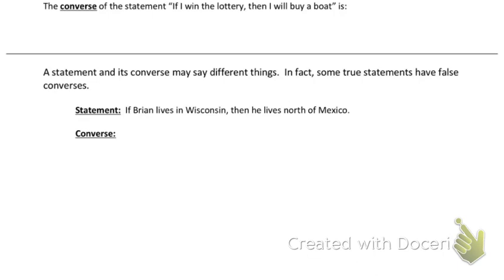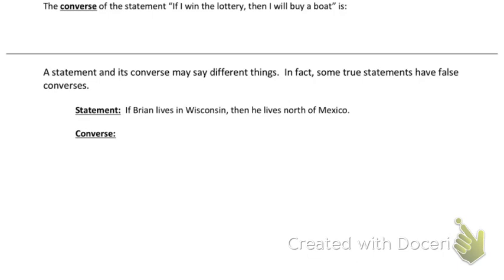Is it always true that if Brian lives in Wisconsin, he must be north of Mexico? Is there anywhere he can live in Wisconsin that's south of Mexico? So is this statement always true? Yeah, it's always true. No matter where he lives in Wisconsin, he's always going to be north of Mexico.